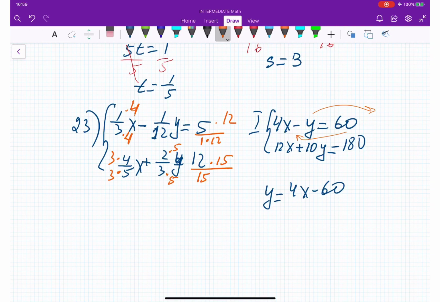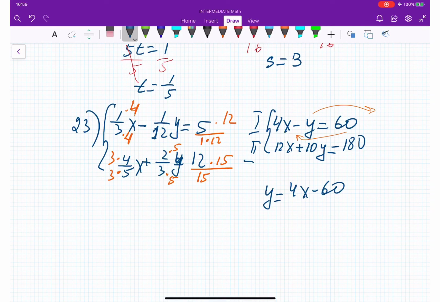Next. y is equal to 4x minus 60. So now I can plug into the second one, the 12x plus 10y equal 180.